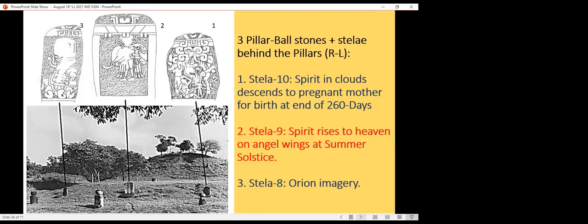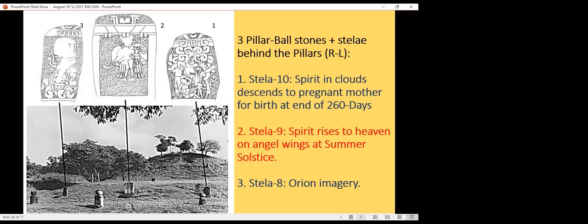So on the far right, Stela 10 shows the spirit of a child in the clouds descending to the pregnant mother leaning against the tree for birth at the end of the 260 days. And then in the center, Stela 9, the spirit rises to heaven on angel wings at summer solstice.